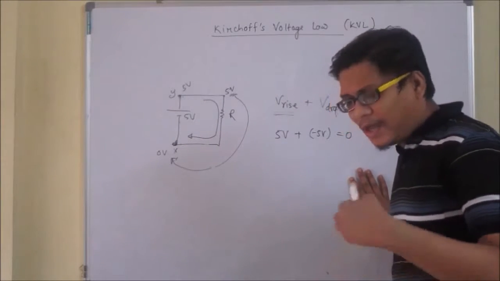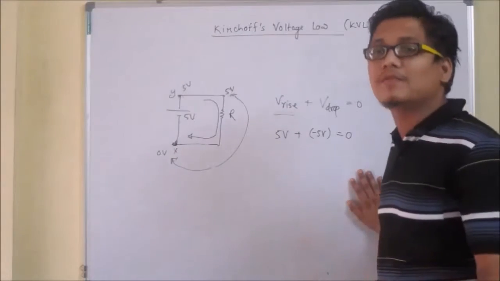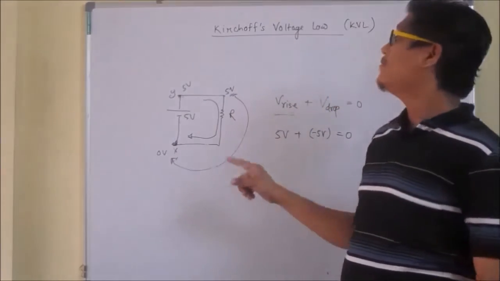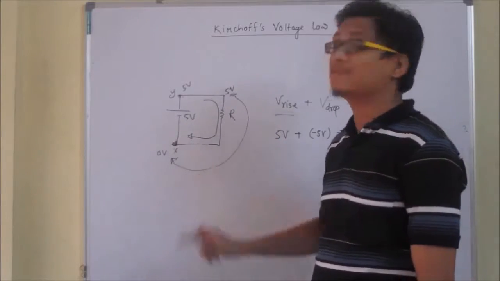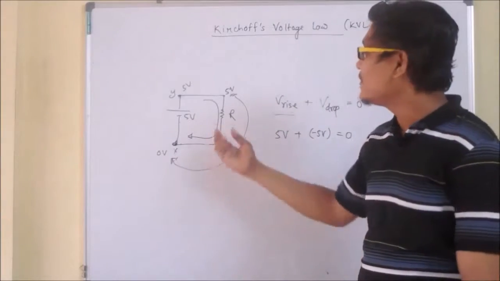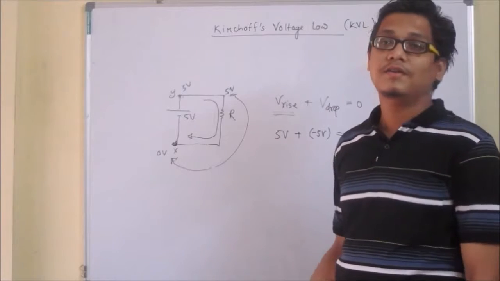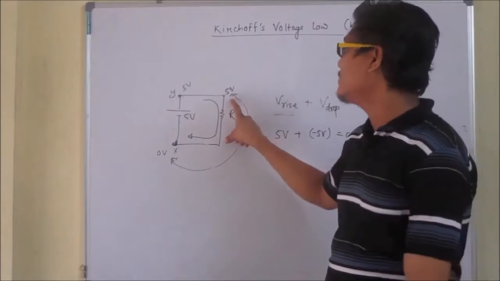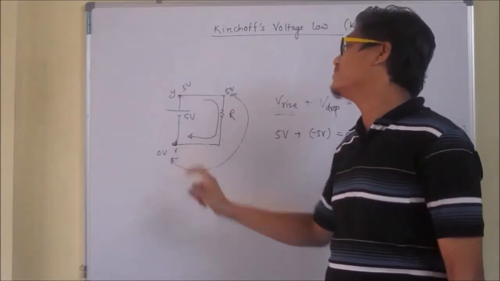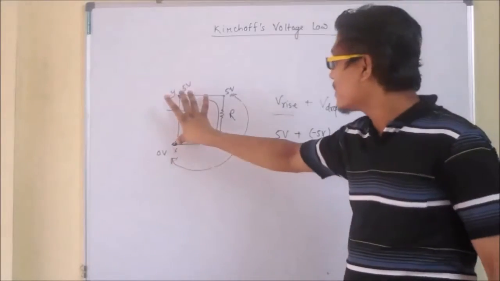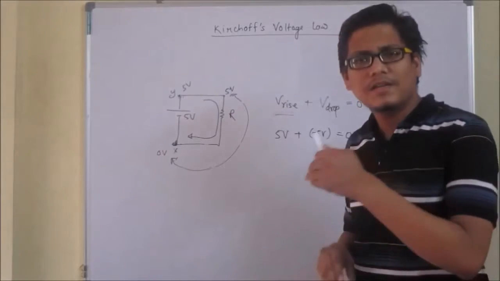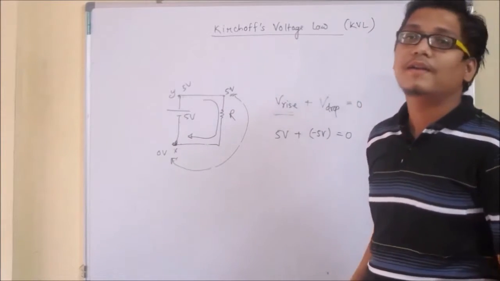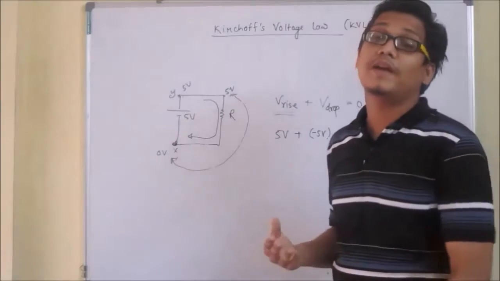Or, in other terms, we can say that there is a loss in potential when we go through a resistance, as it is consuming some energy. It is consuming 5 volt. Therefore, it is making our energy again equal to 0. Here we are giving energy. Voltage rise means gain in energy, that is, we are getting energy, and voltage drop means energy consumed.